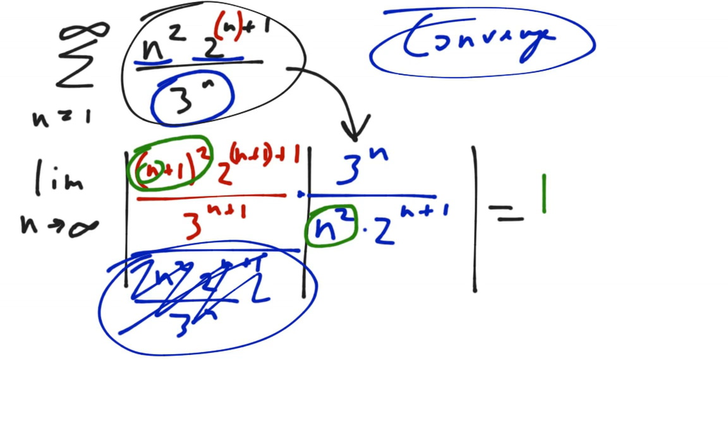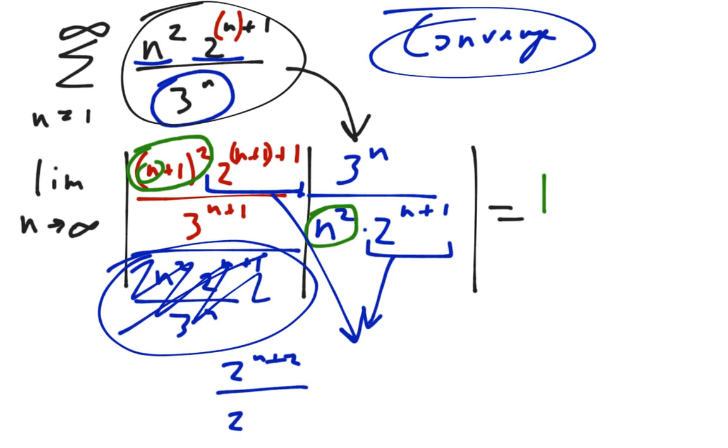Pretty straightforward. Let's look at the next piece, which is 2 to the n plus 1 plus 1 divided by 2 to the n plus 1. Now, something that's nice to do with these types of exponents is to rewrite them. The first one is 2 to the n plus 2, divided by 2 to the n plus 1. Rewrite: 2 to the n times 2 squared divided by 2 to the n times 2 to the first.